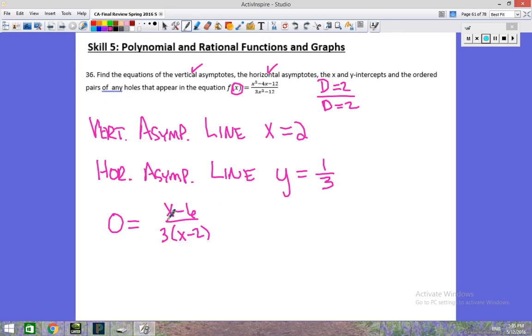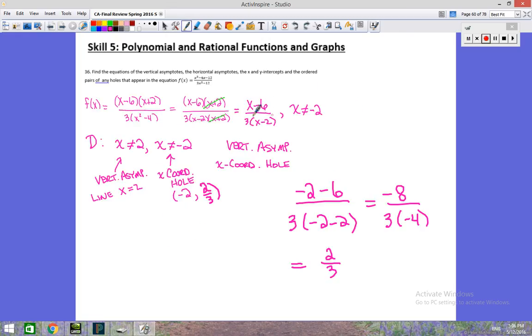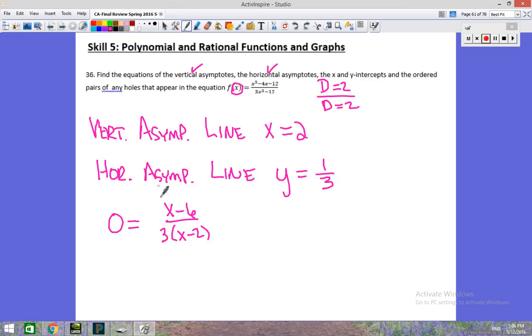So when I look at the function, I want to use the reduced function after I have factored and simplified my expression. If a fraction equals 0, it's because the numerator is 0, since the denominator will never be 0. So I do have a variable in the numerator, x minus 6. x equals 6 is the x-intercept.